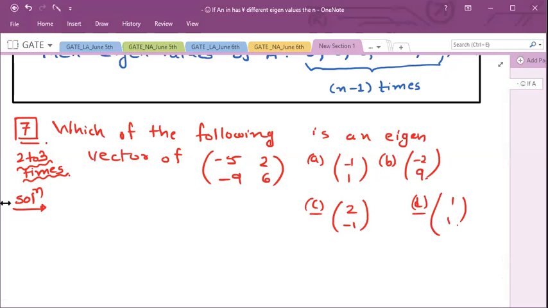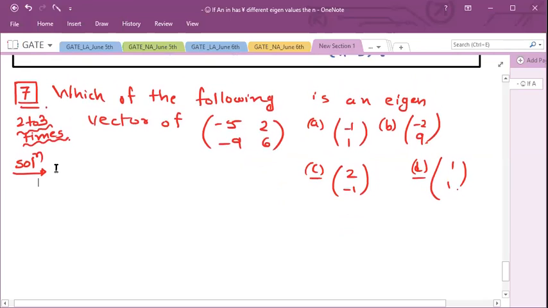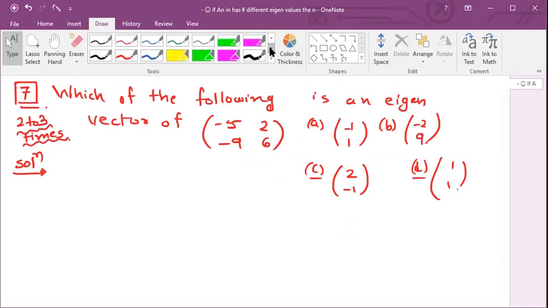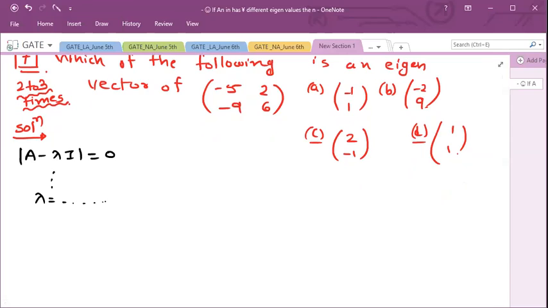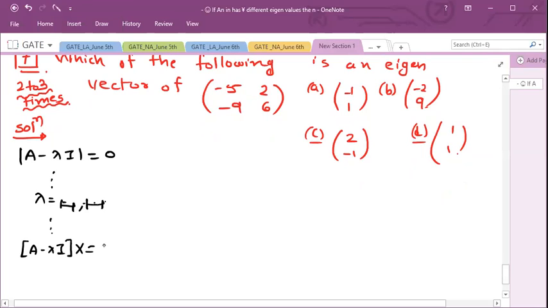So how we can find this, that this is an eigenvector or not? What is the definition of eigenvector? If you do this by the conventional method, then see here how we are going to do this. First we will use the characteristic equation A minus lambda I equal to 0. From that you can get some values of lambda. Okay, and for each value of lambda, you will form the equation A minus lambda I into x equal to 0.